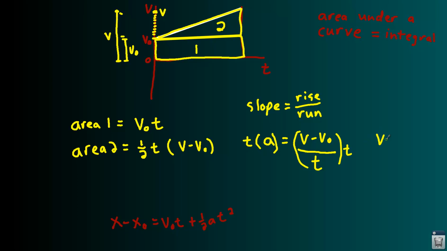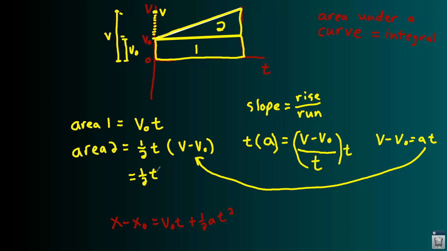And so we get v minus v naught equals a t. Now we can do a substitution. Replace this v minus v naught with what it equals, at. If you simplify that, you get 1/2 a, and t times t, which is t squared.